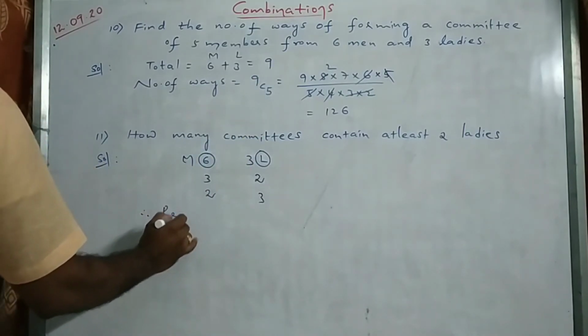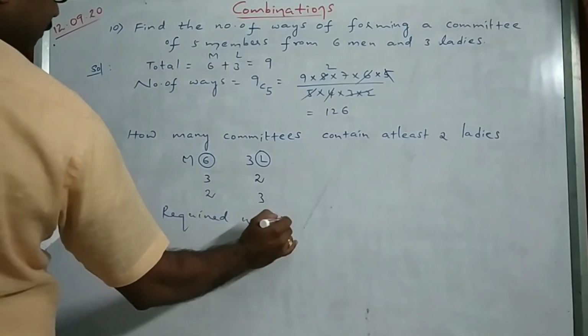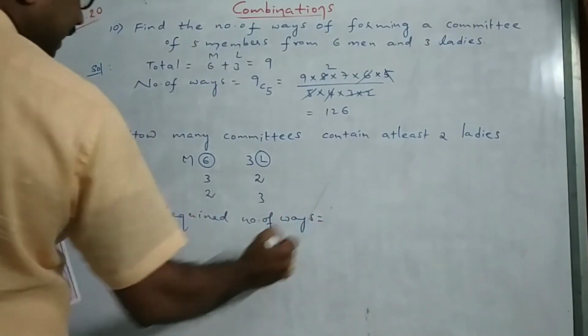So required number of ways equals at least 2 ladies.